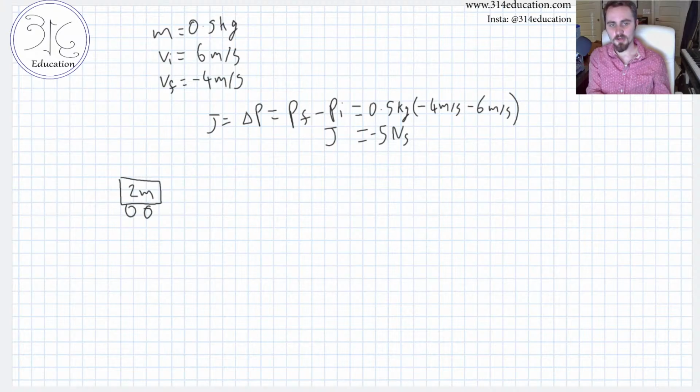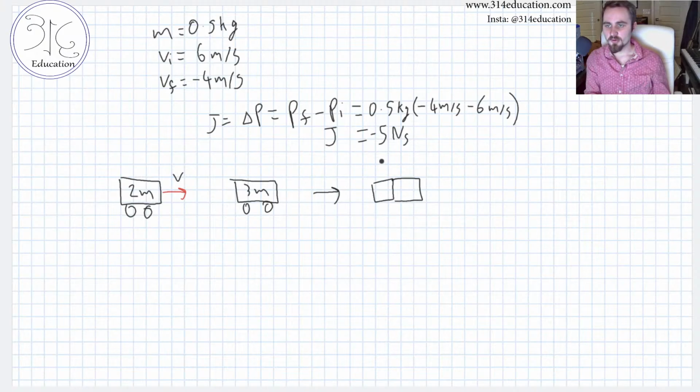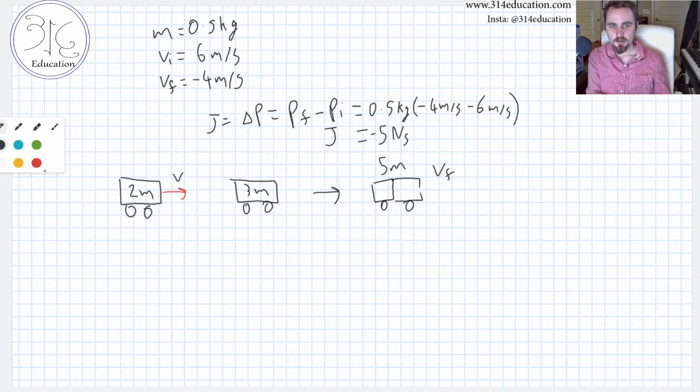There's a cart of 2m traveling with some velocity v, and it's going to come and hit this cart 3m until we go to these two moving together, so we can think of this as a cart of mass 5m traveling with some final velocity, which I didn't change the colors for the velocity vector like I had before. I might as well do that, make things a little bit more consistent, easier to learn that way.